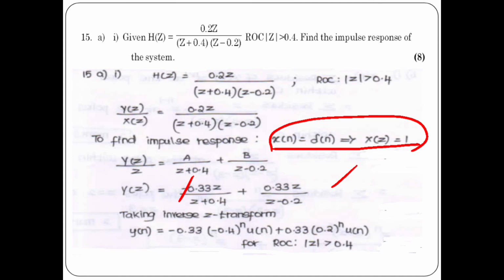If modulus of z is less than 0.2, the answer will be minus 0.33 into minus 0.4 the whole power n u of minus n minus 1, and here also you will get 0.2 the whole power n u of minus n minus 1.